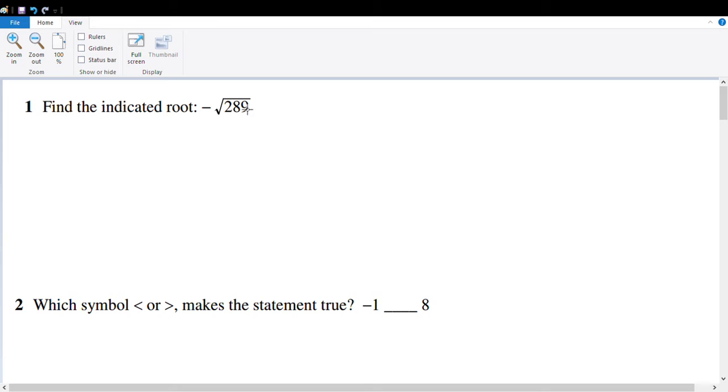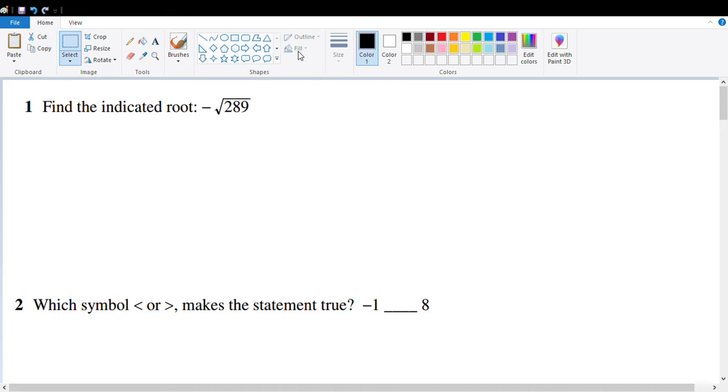Find the indicated root of the square root of the negative of square root 289. So what do we do? Well, again, as I mentioned before, what you want to do is actually focus on the square root first. So we want to focus our attention on square root 289.